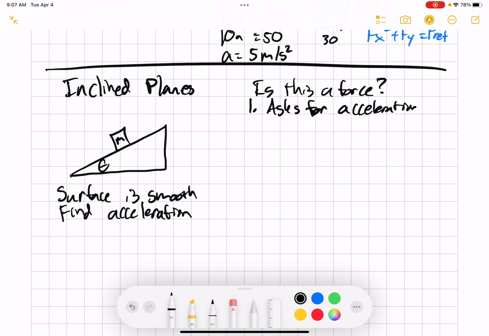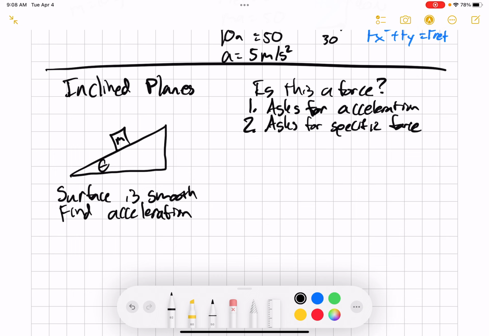That's an excellent clue that something is a force question, if it's asking for acceleration, or asks for a specific force. So if it's asking for what's the friction force, or even what's mu, or maybe what is the tension, or what's the normal force, that's almost always a dead giveaway that it is a force question. So asking for acceleration or asking for a specific force.